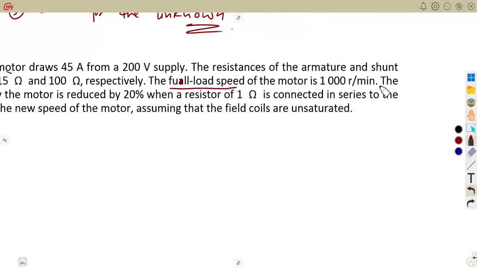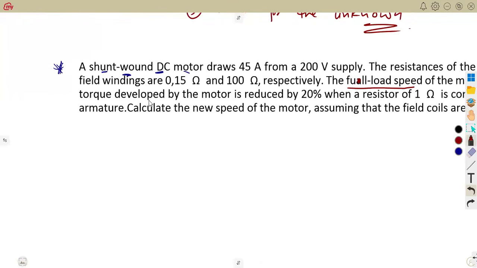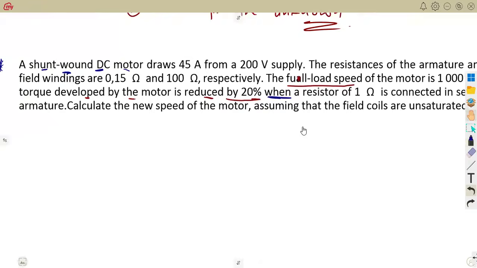Then from there, they're now saying the torque developed by the motor is reduced. Take note, it is reduced by 20%. So there's an effect there on torque. That's a condition that you're given. What caused that?